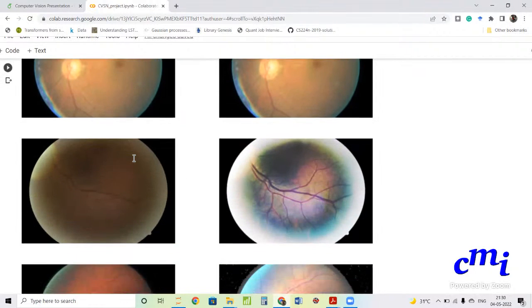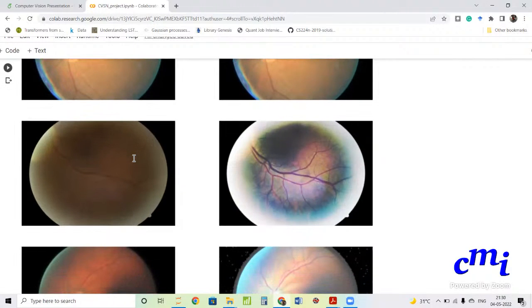For example, in this image, if you observe carefully, you can very clearly see the veins, and the hemorrhage is also clearly visible. So definitely histogram equalization and these pre-processing techniques are necessary to make these images more interpretable to the convolutional network.